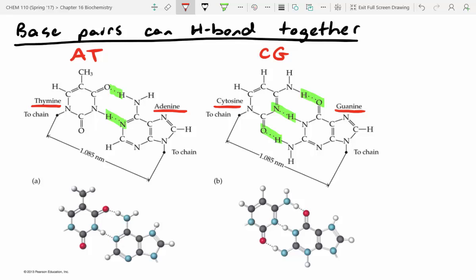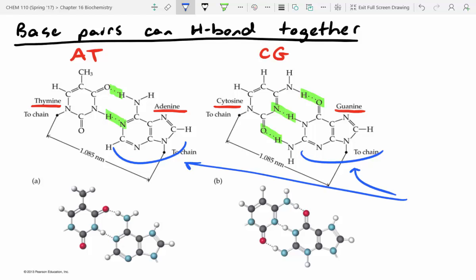So these are referred to a little bit differently. If you go on in biology, you'll talk about purines and pyrimidines, but adenine and guanine are typically thought of as purines, and the easiest way to remember these is that these are bicyclic. They have 2 rings.